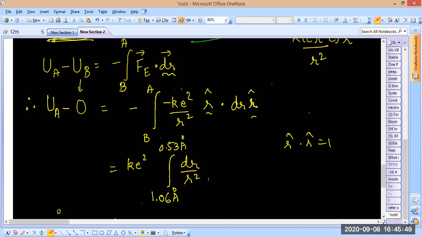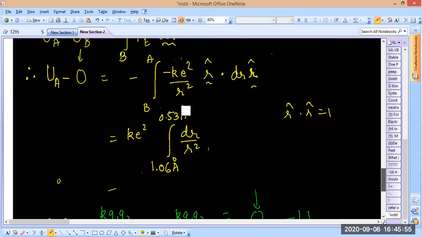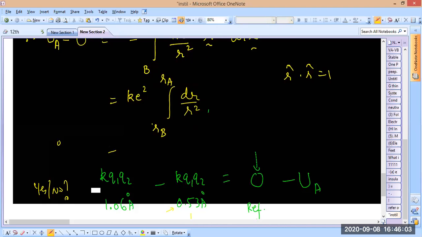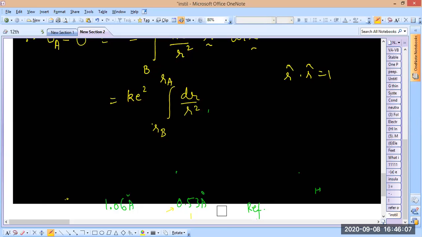All right. If you don't want to write all this, you can write RA RB, which makes it very easy to calculate and put the value at the end. All right. Now you will do it for the second method.